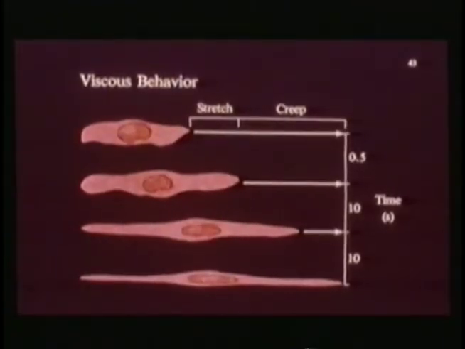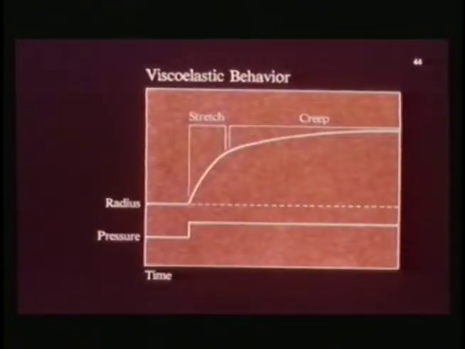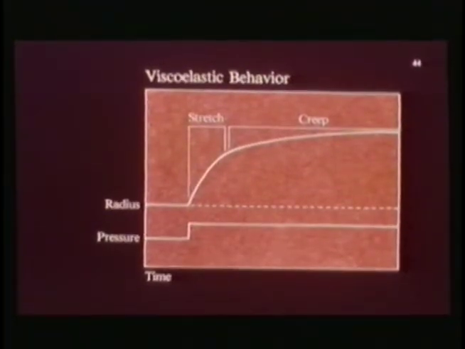43. The second important mechanical property of vascular smooth muscle is its viscous behavior. When pulled upon, it stretches initially, then undergoes a slow elongation. The phase of slow elongation is called creep. 44. Since vascular smooth muscle shows both viscous and elastic behavior, it is called a viscoelastic material.